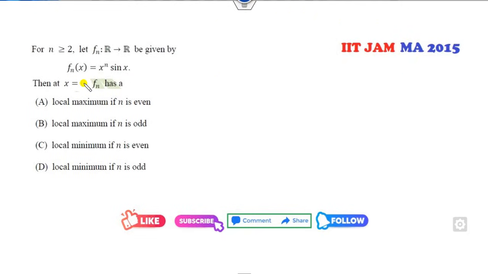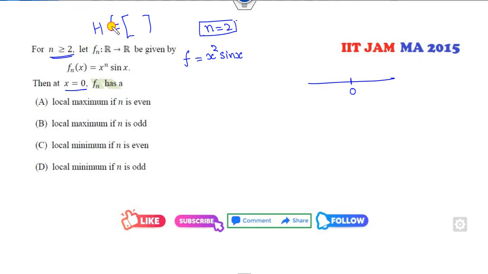Okay, look at this one. Is there a local maxima or minima for n even and odd? I can simply choose n as 2. So my function is x square sin x. Now at x equal to 0, I can check whether it is a maximum, because it's a single variable, so there is no need to write the h. What is the derivative of this?